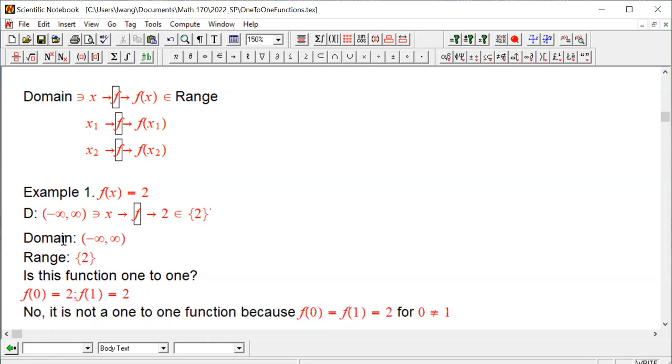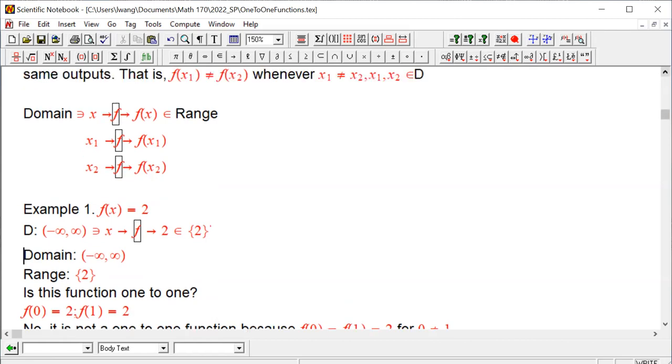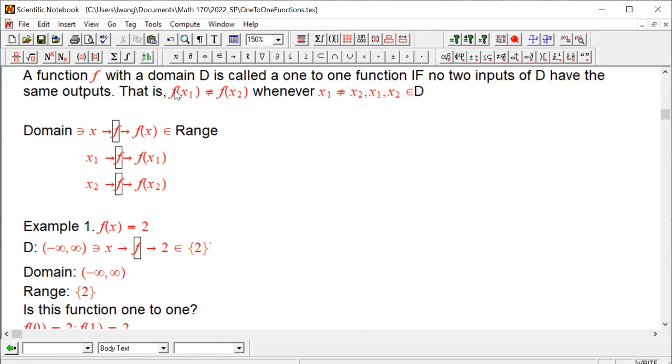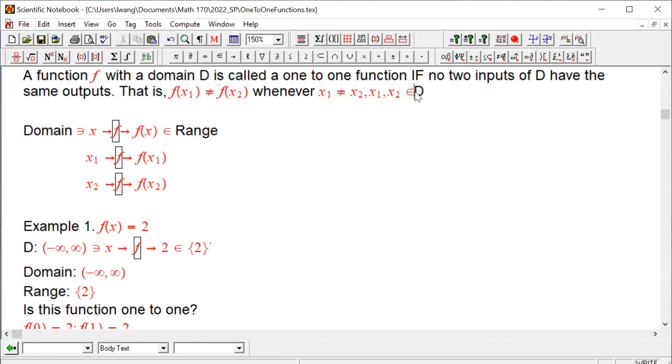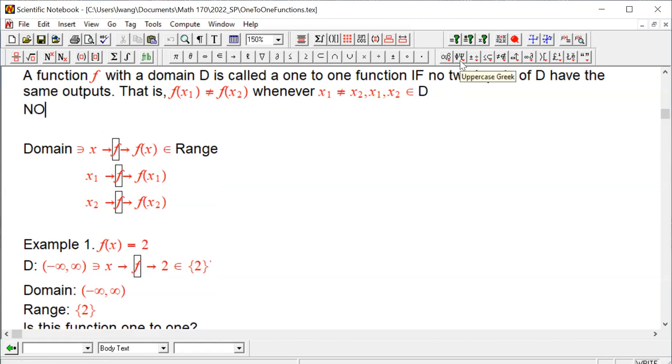But when we make the statement that it is not, we have to give one case that violates the one-to-one function requirement. In other words, what is the opposite of a one-to-one function? What is not a one-to-one function?